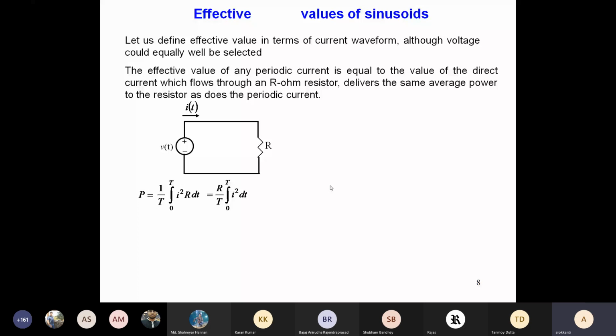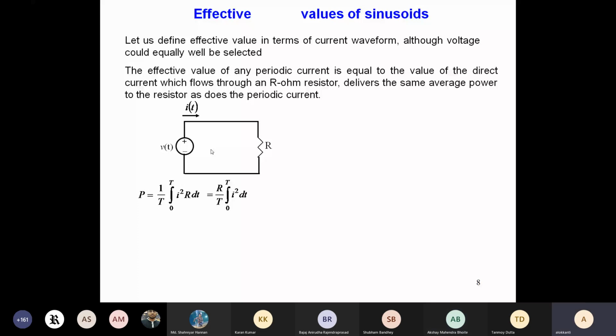Sir, can't we make use of the V average we calculated in the previous slide? You can do it, but these are different definitions. That was an average quantity. Sir, here also we are doing the same, no? No, but here comes the concept of power.